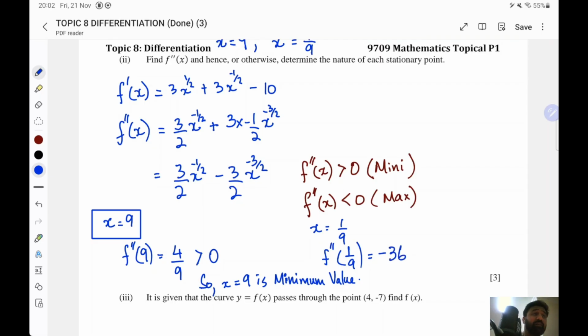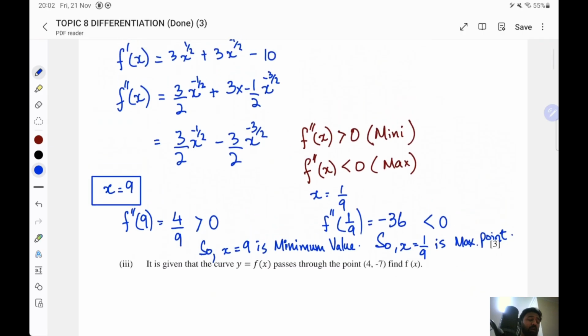Since negative 36 is less than 0, it means that x equals 1 by 9 is the maximum point on the graph. Now let's move forward.